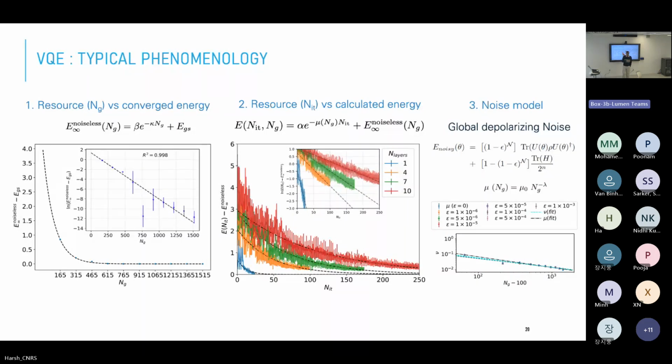We can assume that N is equal to the number of gates, or a certain factor of the number of gates, if we were to relate the noise with the gate. So we replace this N by ng in our calculations.